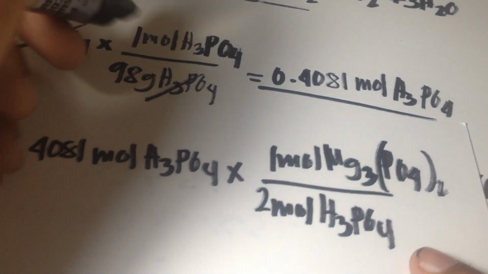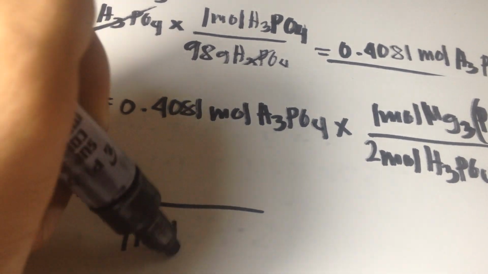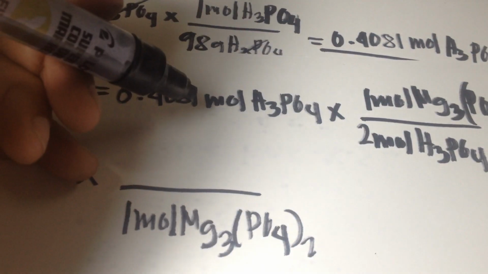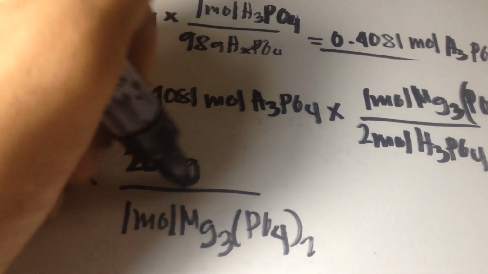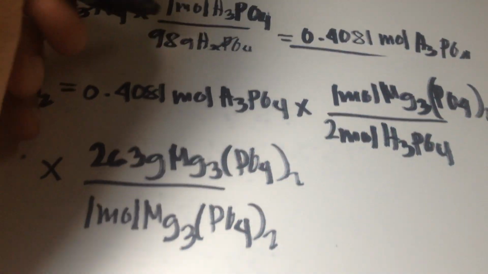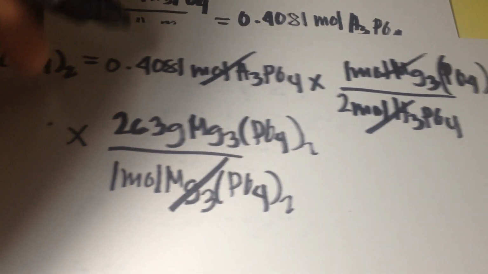Then times the molecular weight, which is 263 grams of magnesium phosphate per 1 mole. The moles cancel out, and what is left is grams.